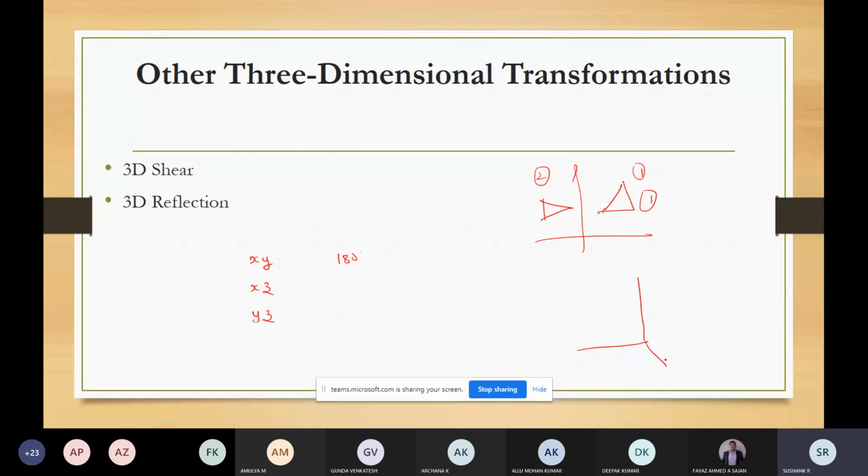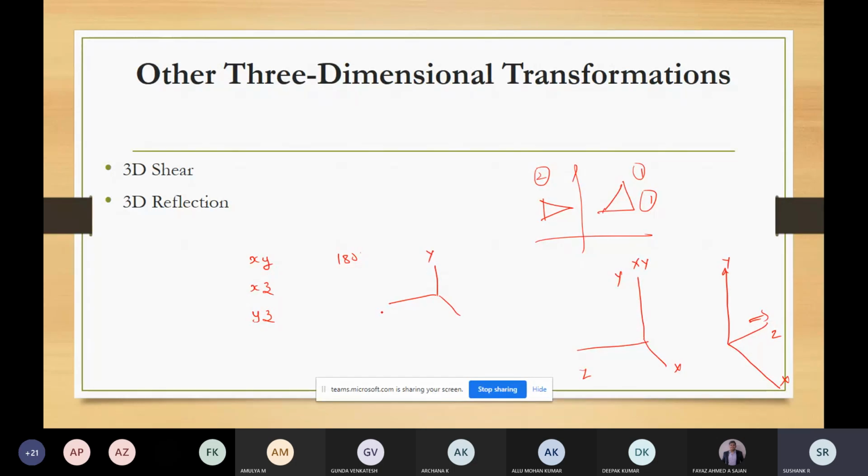So if this is y, x, and z, the reflection along the xy plane will be in this way. So y, z, x. If I want to get the reflection along the xy plane, it will be in this direction.